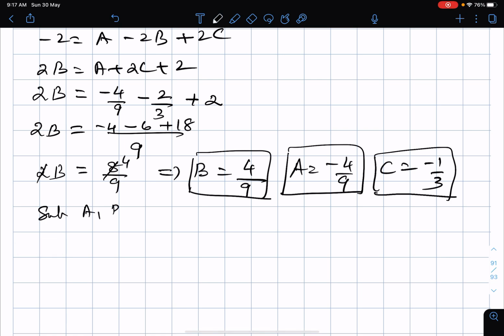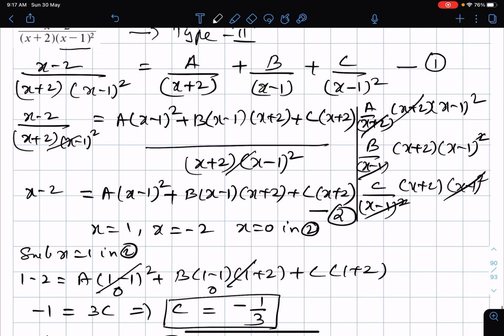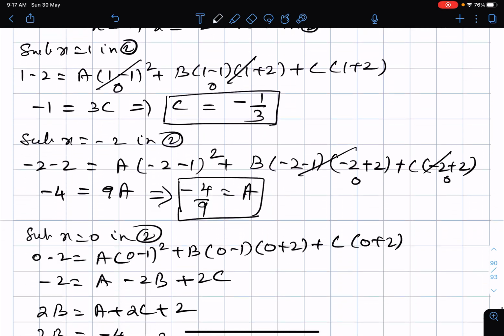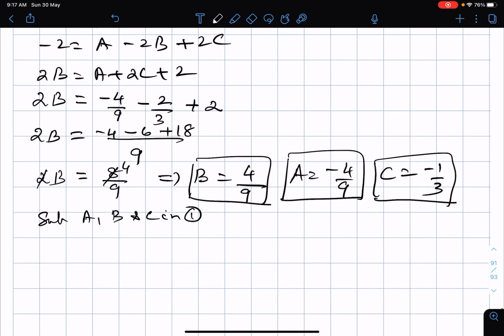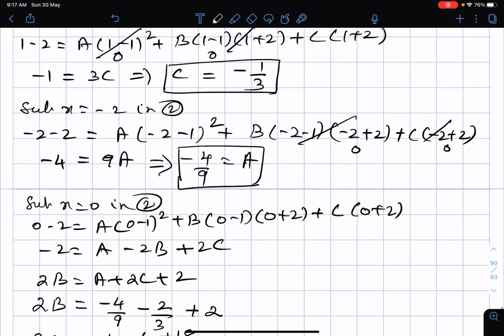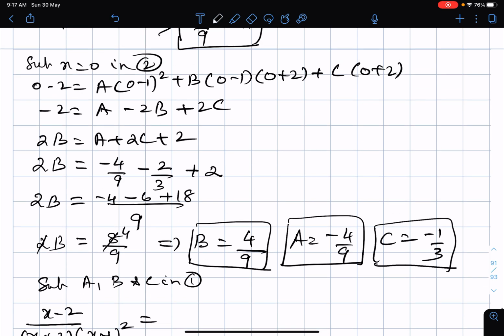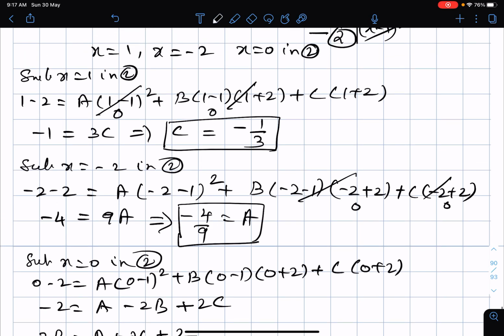Substituting a, b and c in the first equation. What is our first equation? (x minus 2) by (x plus 2) into (x minus 1) the whole square is equal to a by (x plus 2) plus b by (x minus 1) plus c by (x minus 1) the whole square.